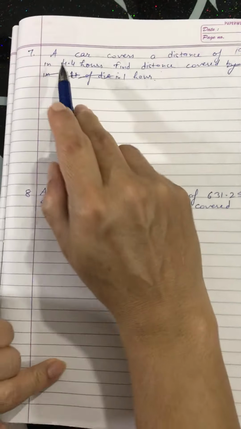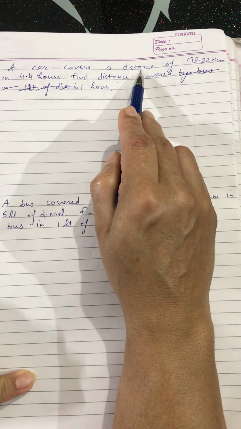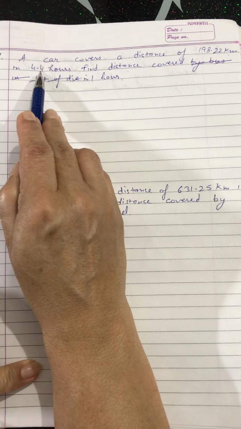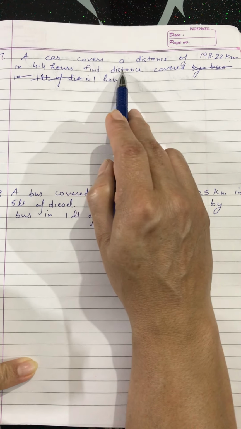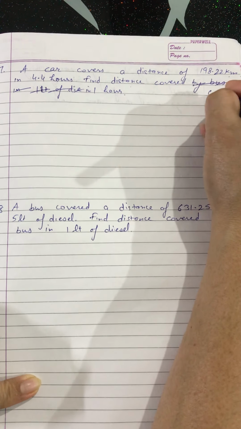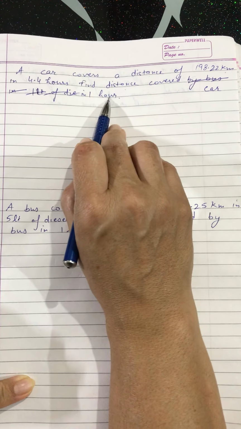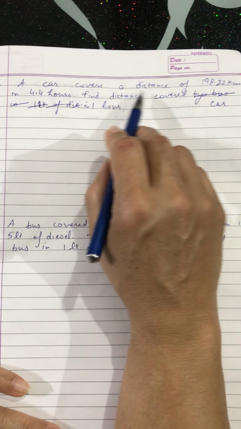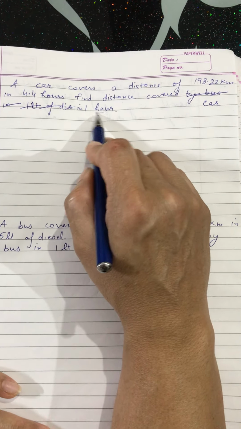Question number 7. A car covers a distance of 198.22 kilometers in 4.4 hours. Find the distance covered by car in 1 hour. We are given the distance covered in 4.4 hours. We have to find out the distance covered in 1 hour.